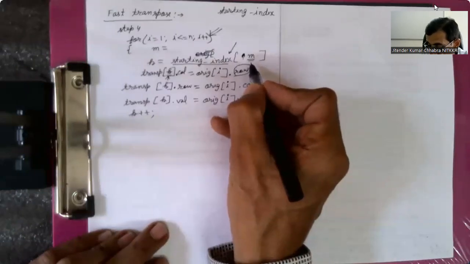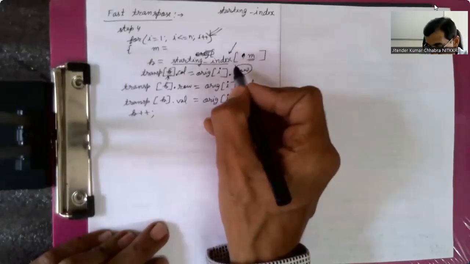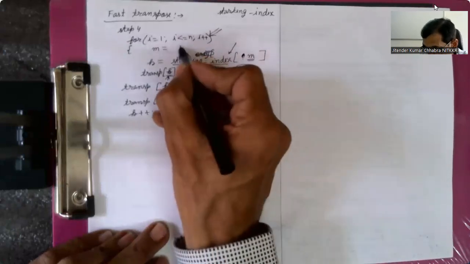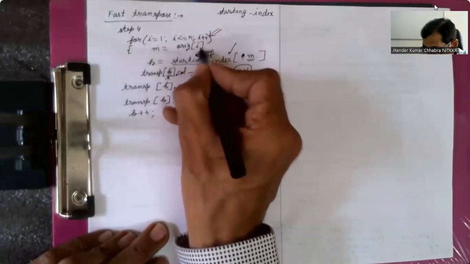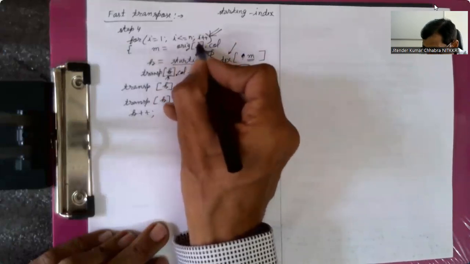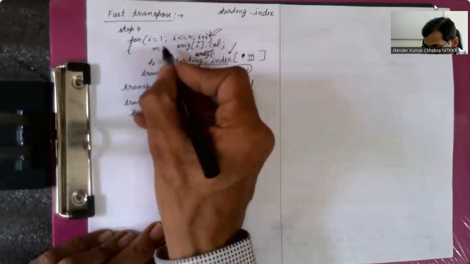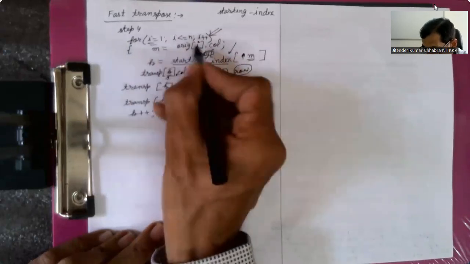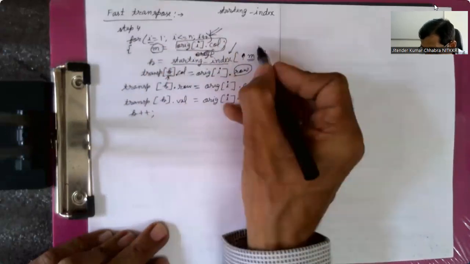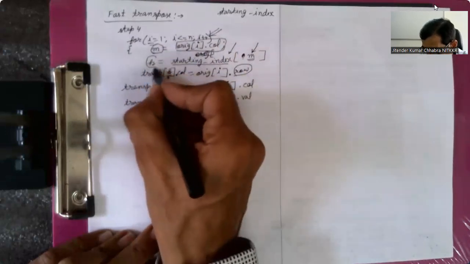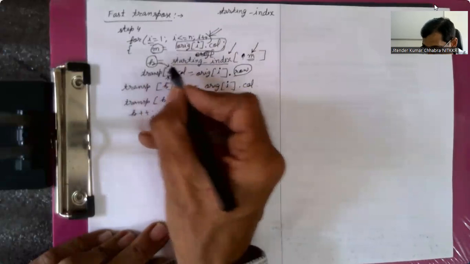M is going to be the new row number or old column number. So probably now I get the idea that it is nothing but original I dot column number. So from this I am able to get this information. From here, this M comes and reaches there. From there I get k, and then k reaches here.